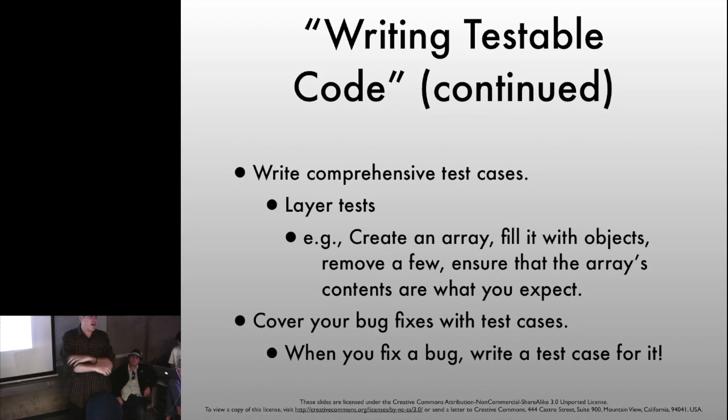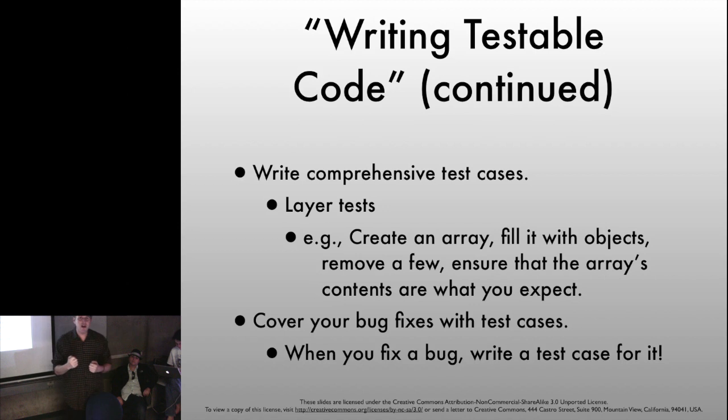An example from the developer documentation is create an array like an NSArray, fill it with objects, remove them, double check and make sure that the array is what you expect it to be, that the contents are what you expect it to be. And I can show you an example of that too.